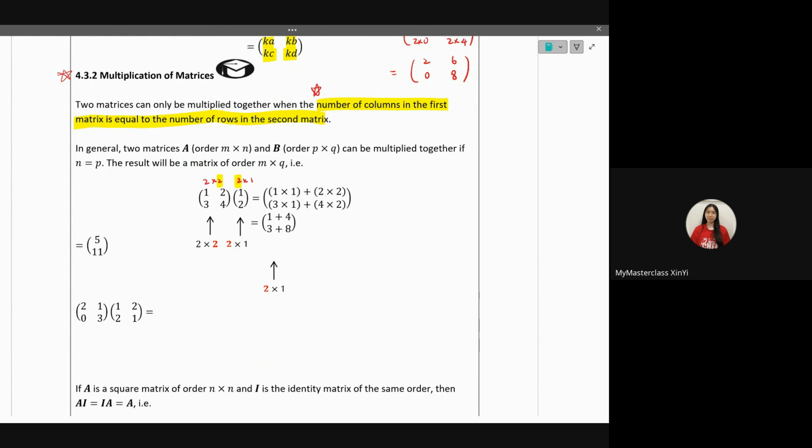Then the outer numbers will be the resulting order of your outcome matrix. So in this case, if you multiply these two matrices together, you're going to get a 2 by 1 matrix.